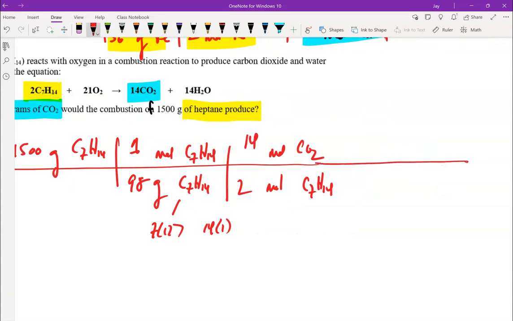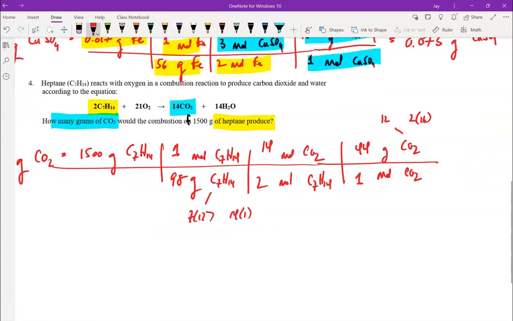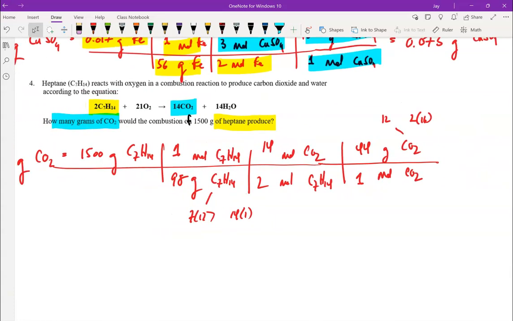And now we can go from moles of CO2 to grams of CO2. And we know that 1 mole of CO2 is 44 grams, carbon is 12, and there's 1 of them. There are 2 oxygens, and they're each 16, which is 32, plus 12 is 44.